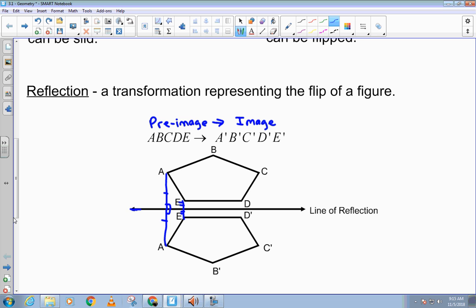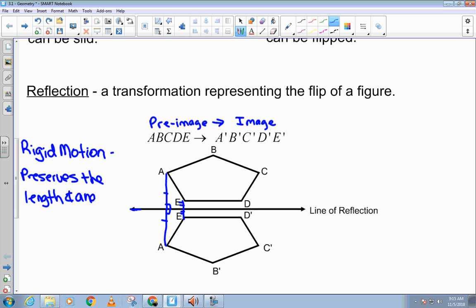And what this does is exhibit what's called rigid motion, okay? And rigid motion preserves the length and angle measure of the figure.